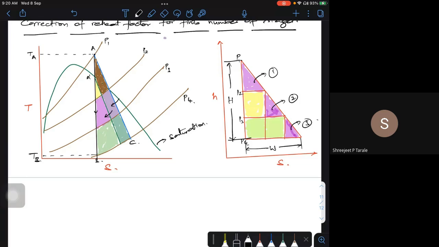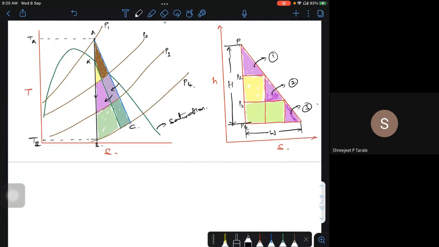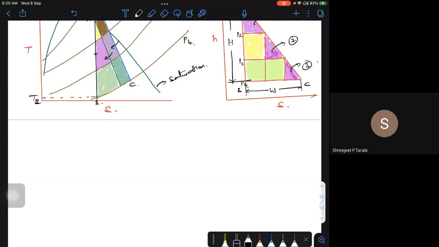I can easily tell that the bigger these triangles 1, 2, 3 are, the area, if I call it the area of that particular triangle, and I call this A, B, C, the area of the triangle ABC is half into base into height, that is half into W into H.